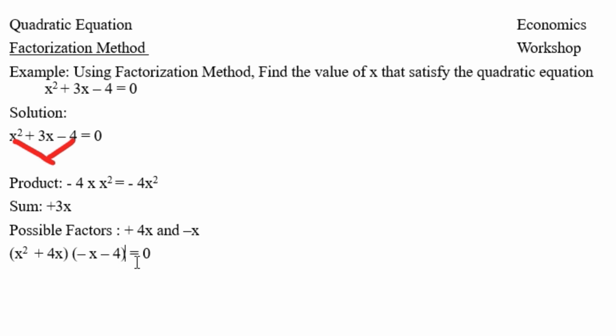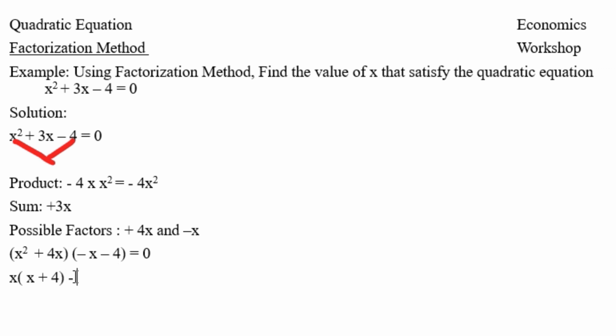So after that, look for the common factors in these first parts here, and that is x. The common factor is x. So when we factor out x, we have x, open bracket, x plus 4, and in this second part the common factor is minus 1.